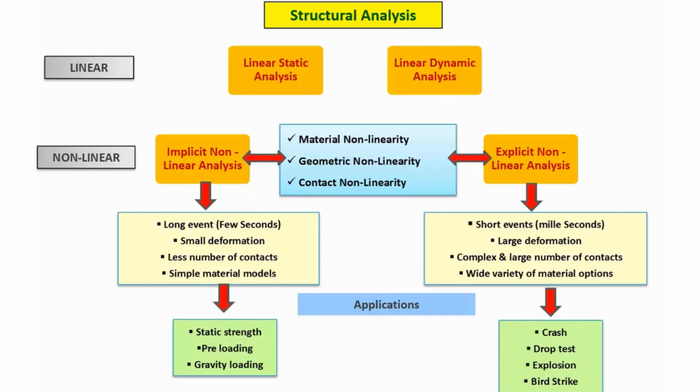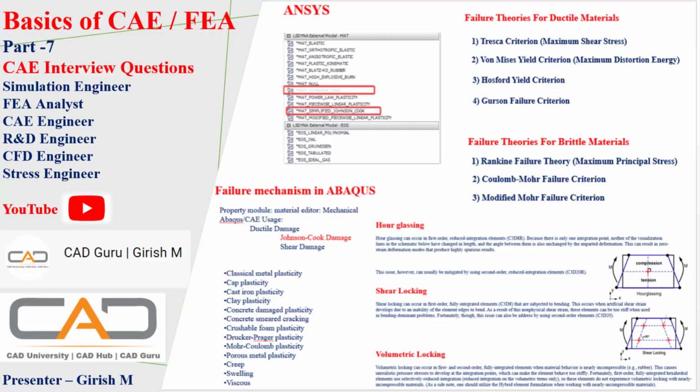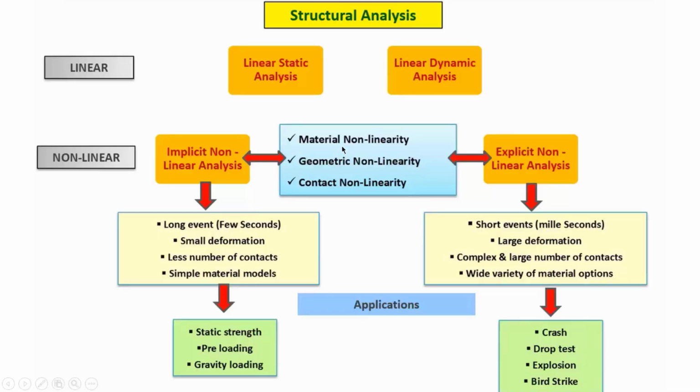Now when we move to the non-linear zone, we'll have two main divisions, that is implicit non-linear and explicit non-linear. So taking these non-linearities, that is material non-linearity, geometric non-linearity, contact non-linearity into account, we'll be solving them.